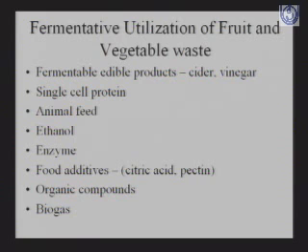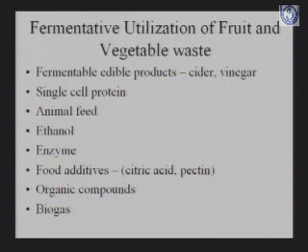Food additives, citric acid and pectin, which are being imported, can be prepared from fermentable fruit and vegetable waste. Organic compounds and biogas. Biogas is another cooking gas we can use at home for cooking, or for generation of electricity. Biogas can be prepared from fruit and vegetable waste also.